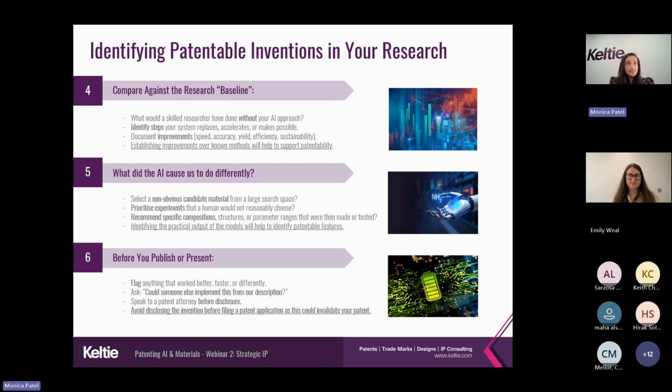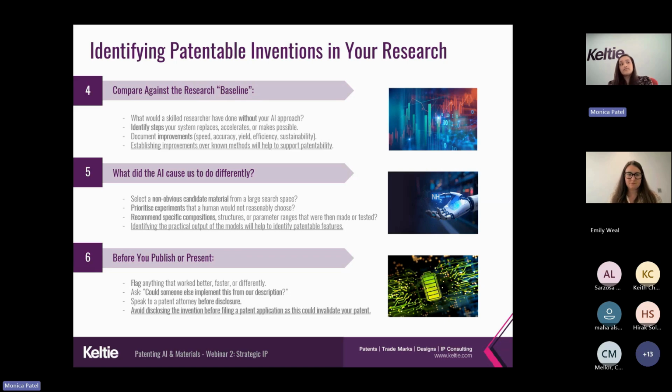Finally, the sixth point here is to do with disclosure of the invention. Before you publish or present any features of your research or your work, it's important to flag anything that worked differently, that worked better, so the advantages, and also if you're planning to disclose, always speak to a patent attorney before disclosure.